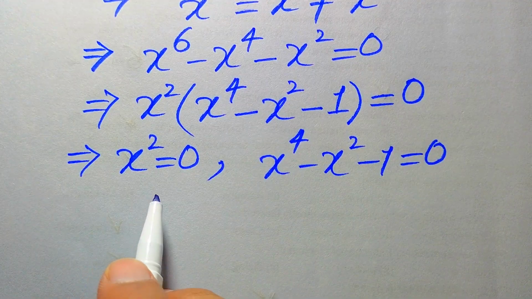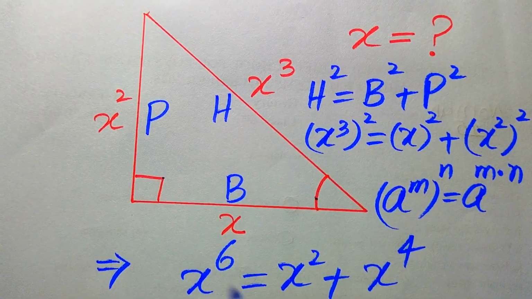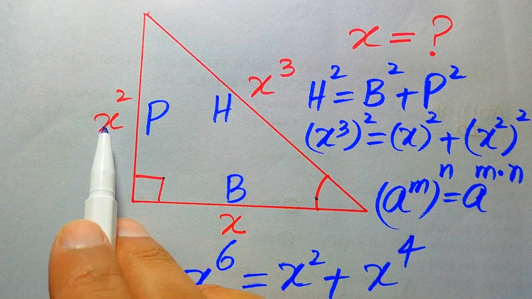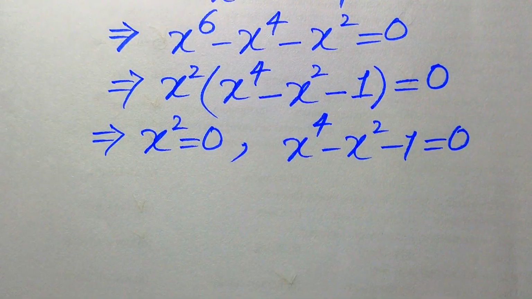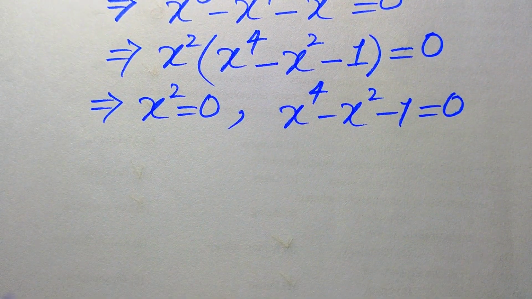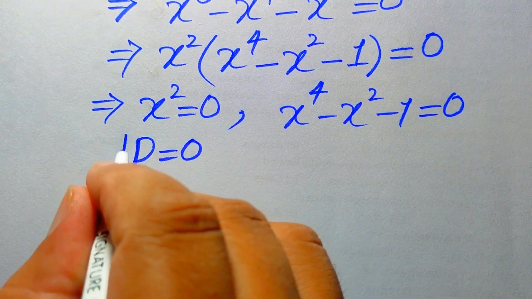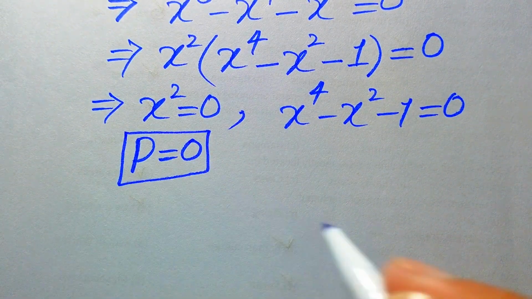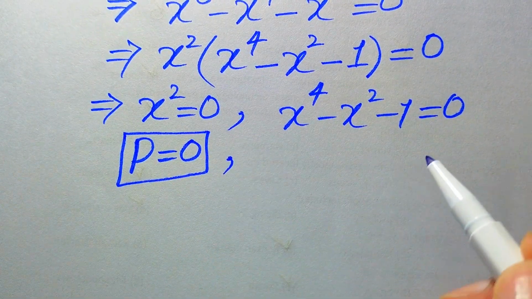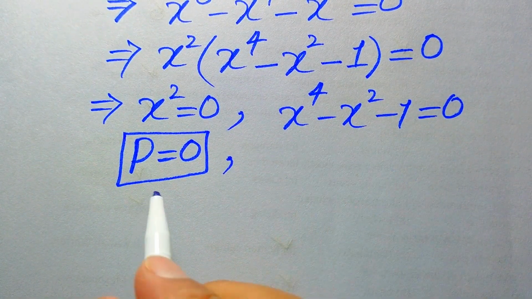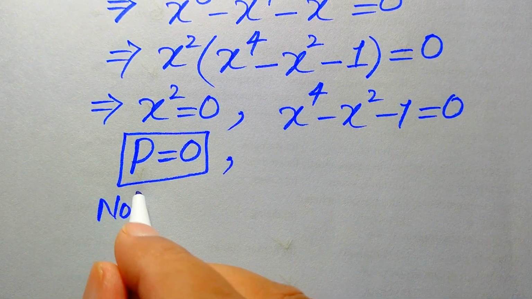First we focus on the case x squared equals 0. Here x squared is the perpendicular side of the given triangle. So if x squared equals 0, this means the perpendicular side p equals 0, and that is not a possible case.